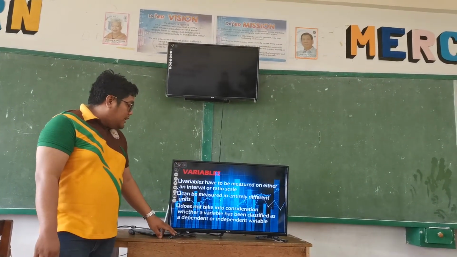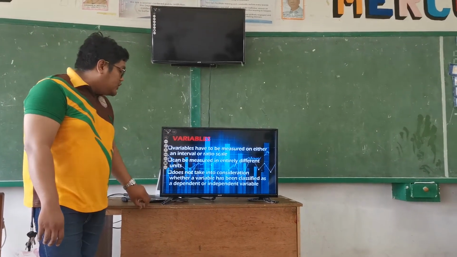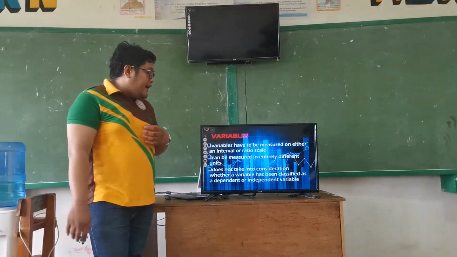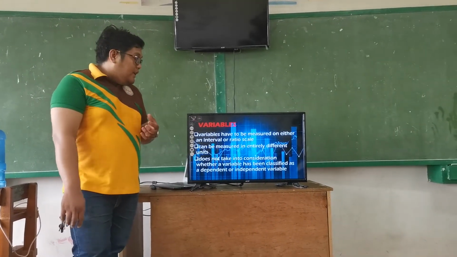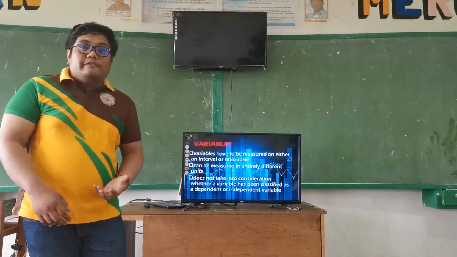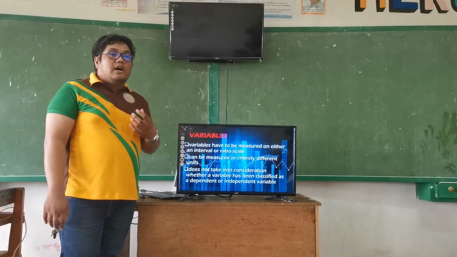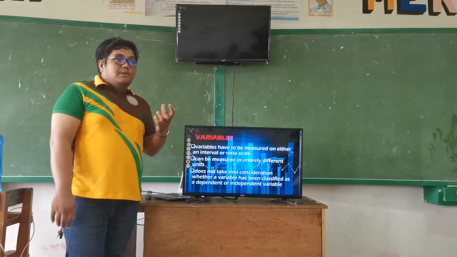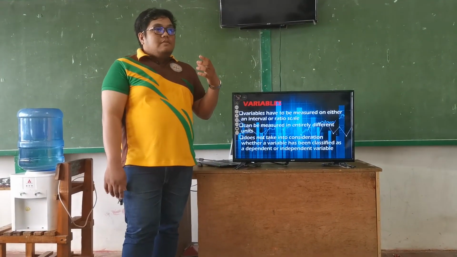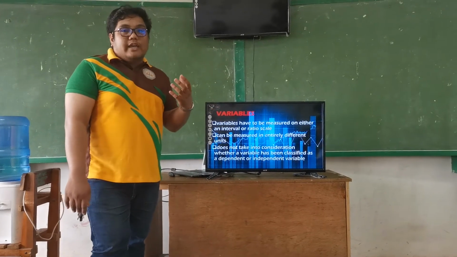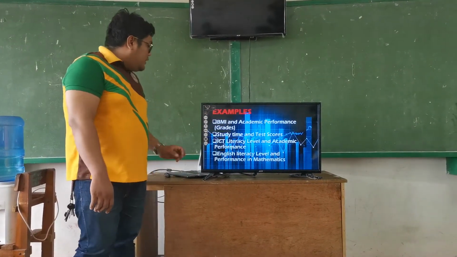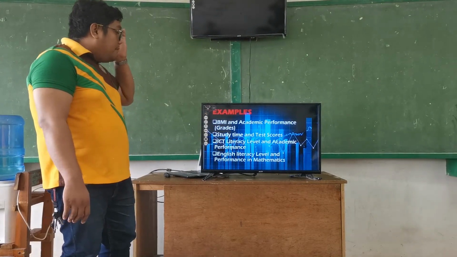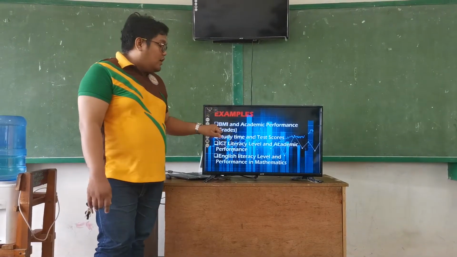The variables here do not take into consideration whether a variable has been classified as independent or dependent variable. This is one of the weaknesses of the Pearson R test. Say, for example, we have BMI and academic performance of the students.